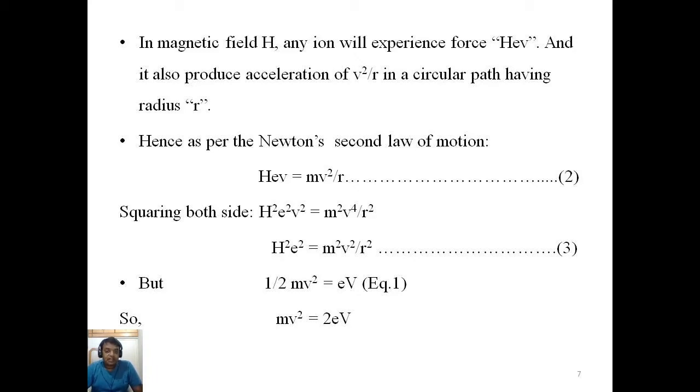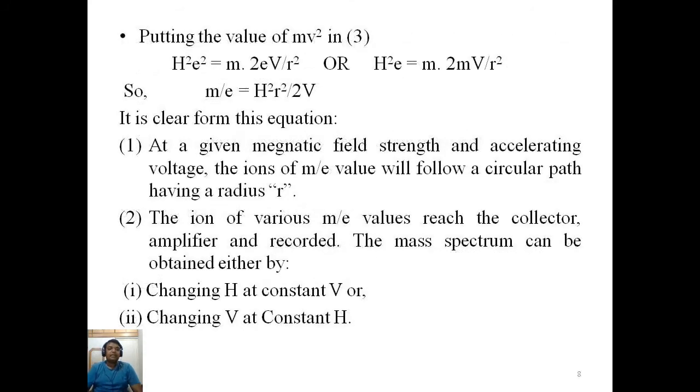So we can rearrange this equation: mv square is equal to 2 into e into capital V. Putting this value of mv square into the equation, the new equation would be H square e square is equal to m into 2 into e into capital V upon r square.